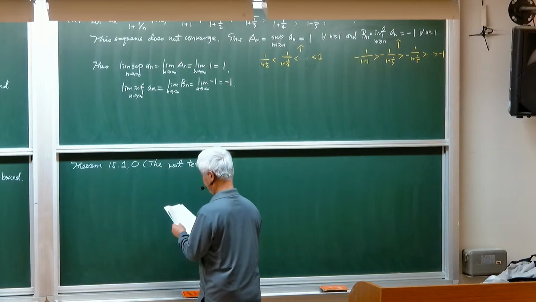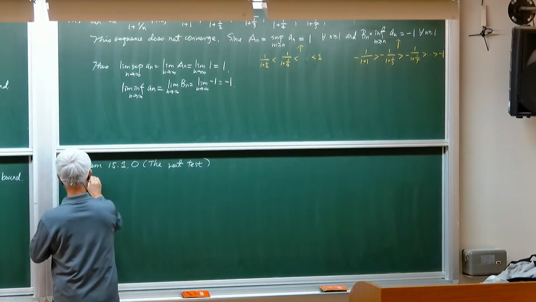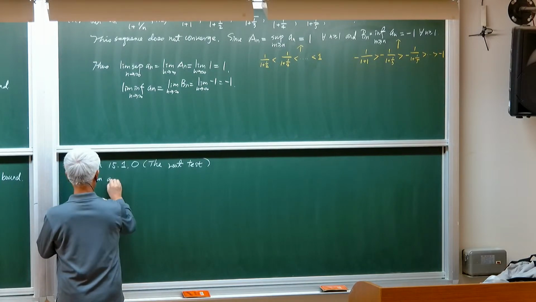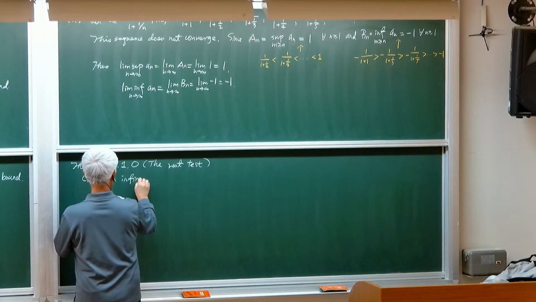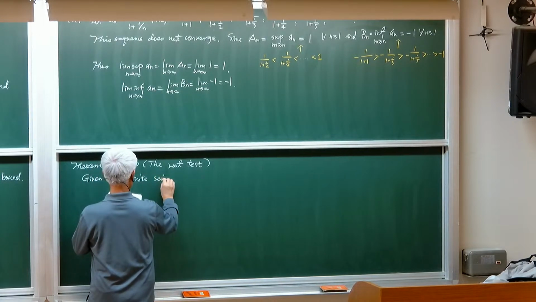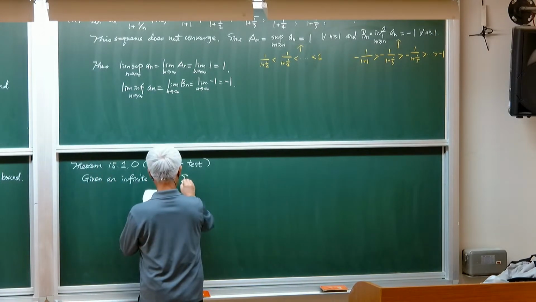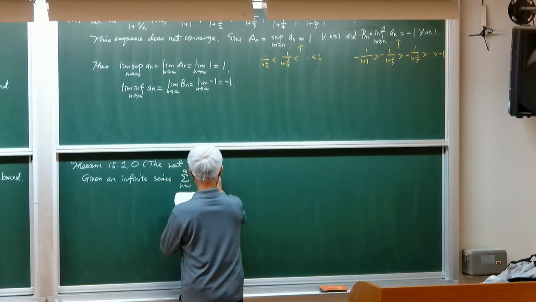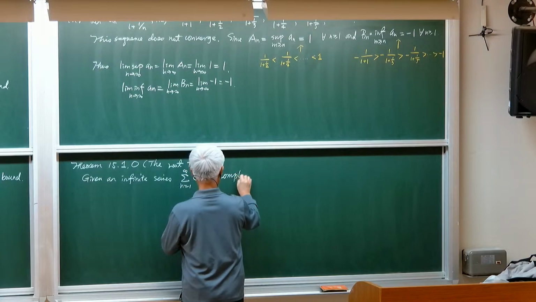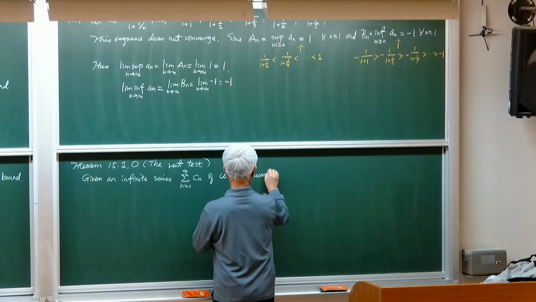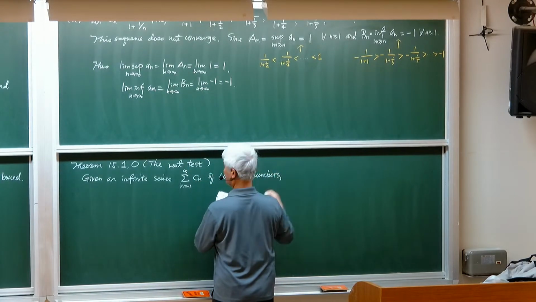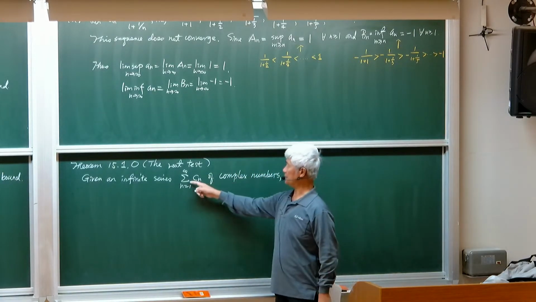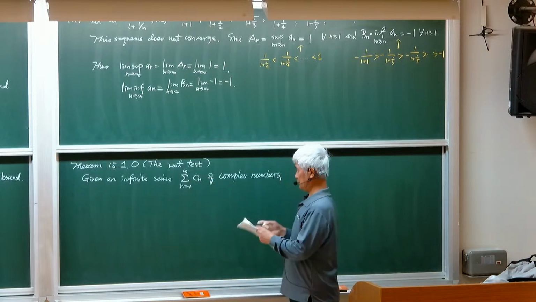Given an infinite series, summation n from 1 to infinity of Cn of complex numbers, so suppose we are given an infinite series where C sub n are complex numbers.